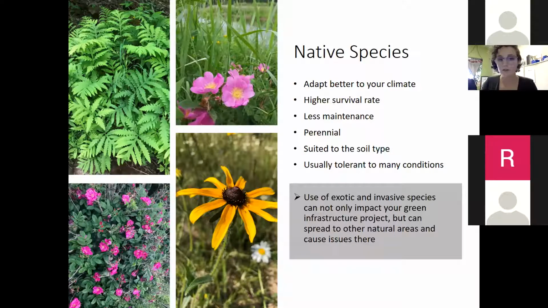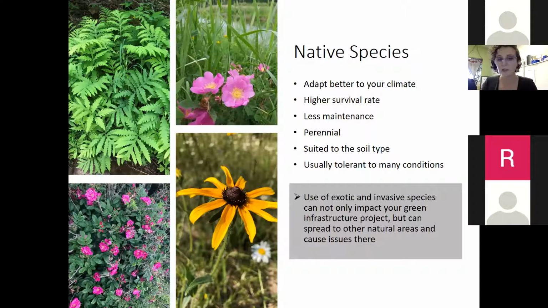And they're also suited to the soil type that you will find. I still like to use the rain garden soil composition that I mentioned before to get them started, but when the roots grow down further than that, they will be better suited to the soil type that you're working in, and they're usually tolerant to many conditions.